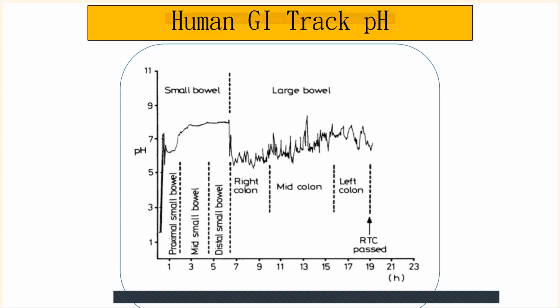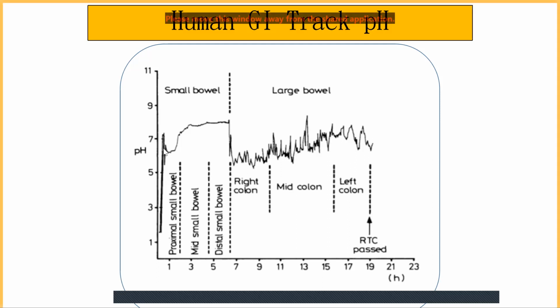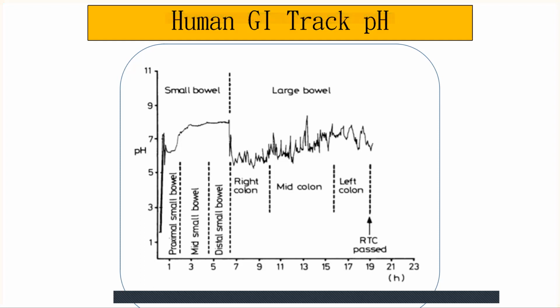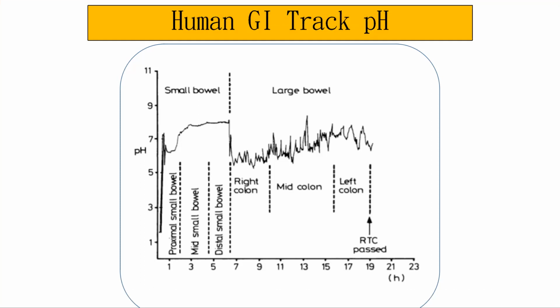After 30 minutes, you can see the pH suddenly increase to around 6.5, and on average that can last until about 2 hours. So by knowing this pH change from stomach to small intestine, we think there are two segments.